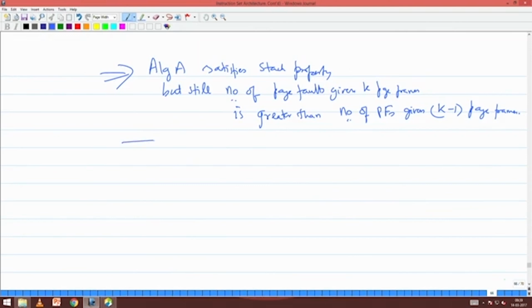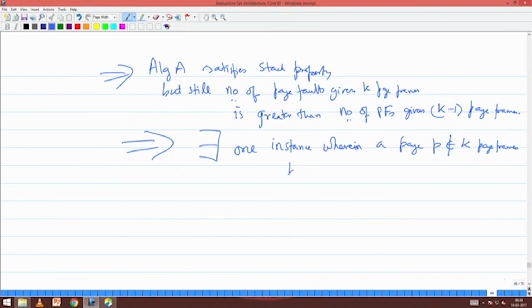That implies there exists at least one instance wherein a page P does not belong to k page frames, but P belongs to k minus 1 page frames, right?